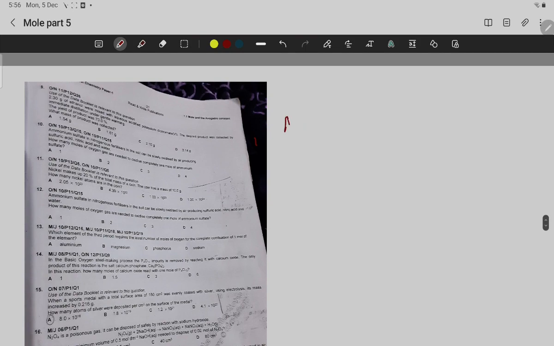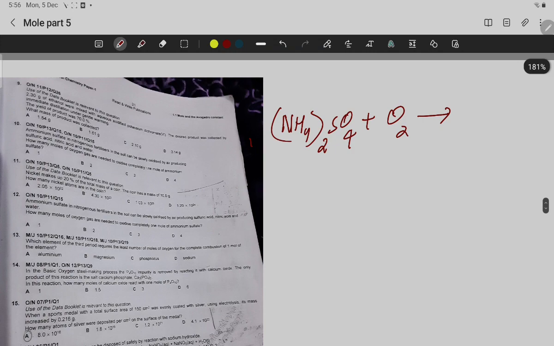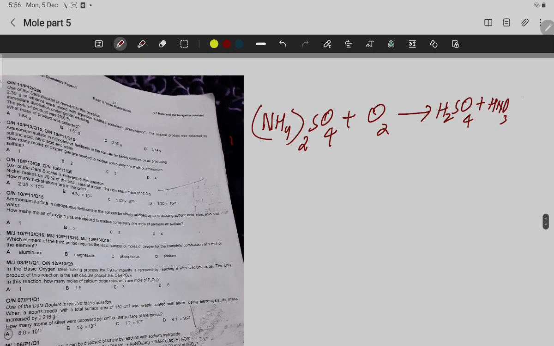Ammonium sulfate, (NH4)2SO4, plus oxygen to form H2SO4, producing sulfuric acid, nitric acid, HNO3, and water.